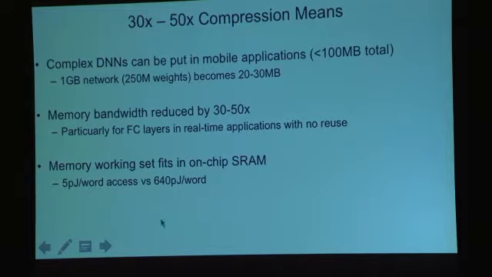It reduces my memory bandwidth if I'm doing real-time applications where I'm batching, there's no reuse, and I've got fully connected layers. I just reduce the memory bandwidth, which is a real limiter in these networks, by 30 to 50x. And a real multiplier that I'll talk about even more when we talk about fixed function hardware is I've reduced the size of the working set by 30 to 50x, which means for a lot of working sets it will now fit in on-chip memory instead of having to be in DRAM.